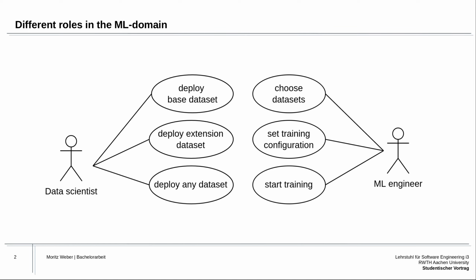The other role, the machine learning engineer, will choose the corresponding datasets for the training, set the training configuration, and is able to start the training. Dealing with new and changed data then happens automatically during training. We will get to that in a moment in a technical example.